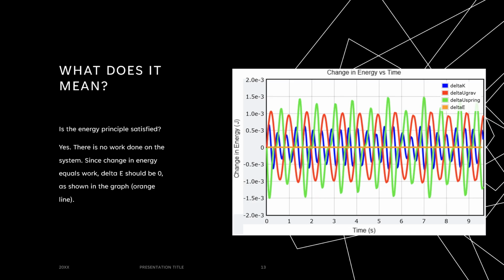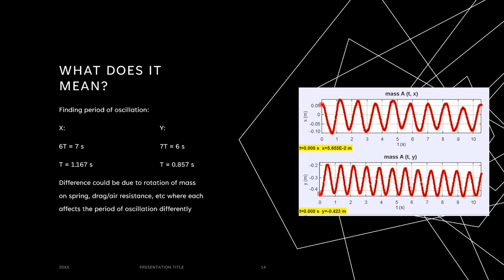So for the "what does it mean" question, is the energy principle satisfied? It is, because delta E is 0, which is just this orange line, and this makes sense since no work was done on the system. And then to find the period of oscillation, I found that in the x direction right here, 6 oscillations last around 7 seconds, and so that's the oscillation period for x, and then I do the same thing for y.